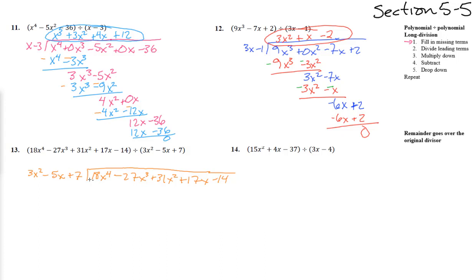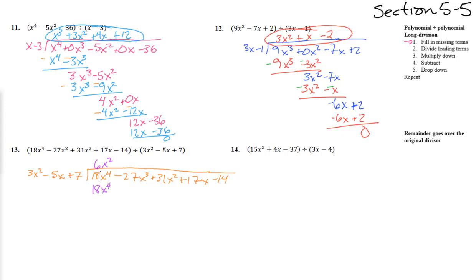Leading term into leading term, 3x squared into 18x to the fourth is 6. 18 divided by 3 is 6, and then x to the fourth over x squared is an x squared. Let's double check when we multiply this by all three of these terms. We're dividing by a trinomial. 6x squared times 3x squared minus 5x plus 7. 6x squared times 3x squared is 18x to the fourth.